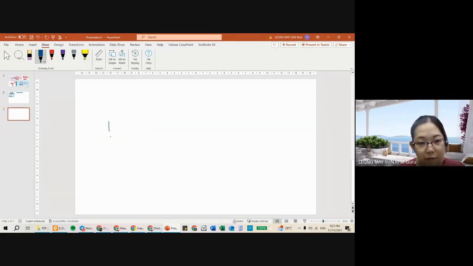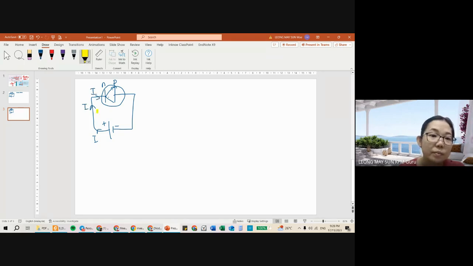But if positive is left, negative is right, this is the N-type, and the arrow always points towards the N-type. Okay, my diode is like this. But if you notice one thing, the positive terminal of the battery is connected to the N-type. So when current flows, it is supposed to move from positive to negative, but look at the direction of the current.